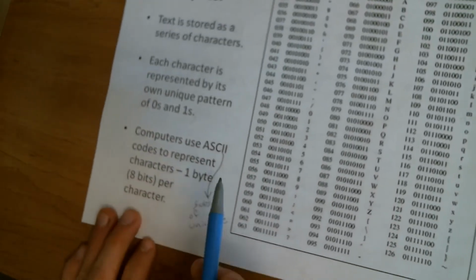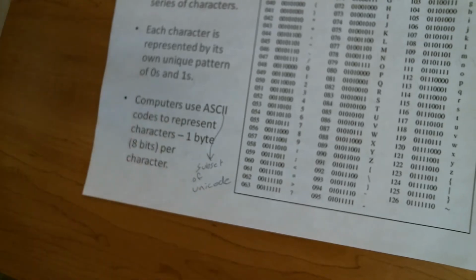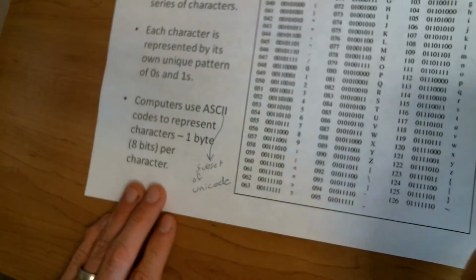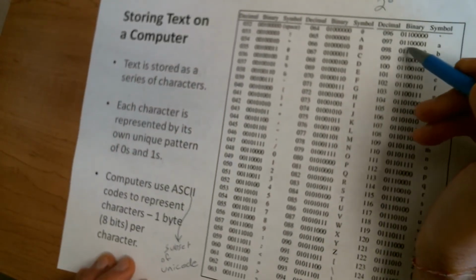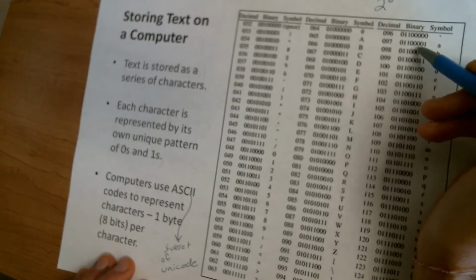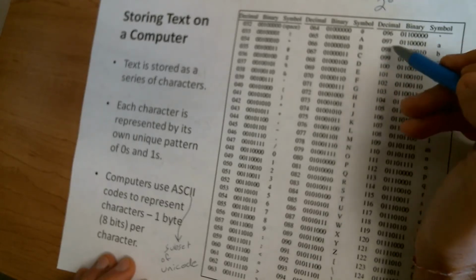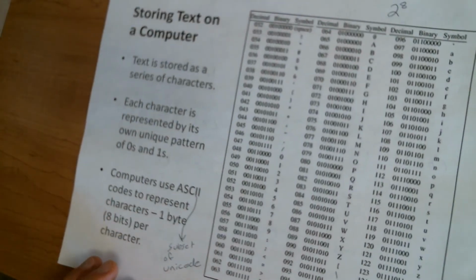So Unicode uses more bits so that it can store more characters, and ASCII is like a subset of that. So in Unicode, you could think of this would still be like lowercase a, only there'd be a bunch of zeros in front because you're using more bits, and those zeros give you more options because if you start flipping them, you can start getting characters in other languages and other things like that.